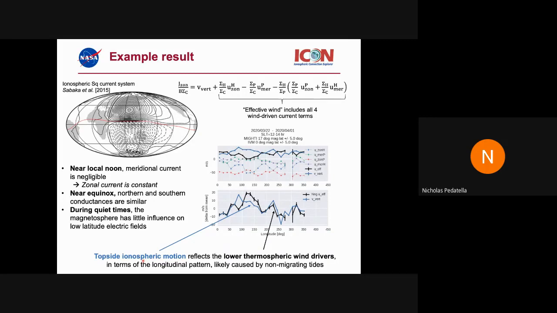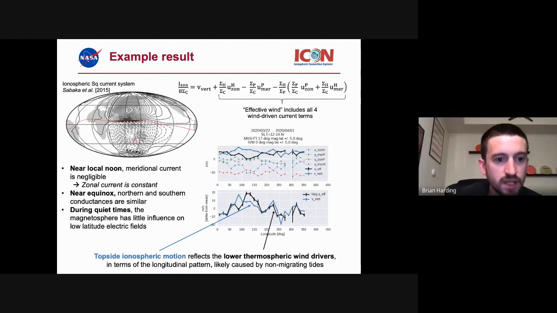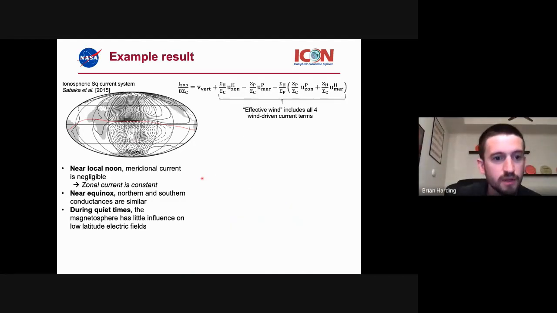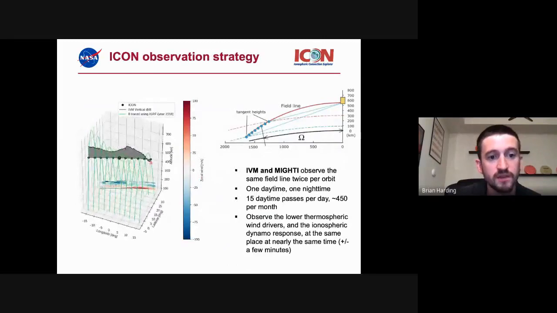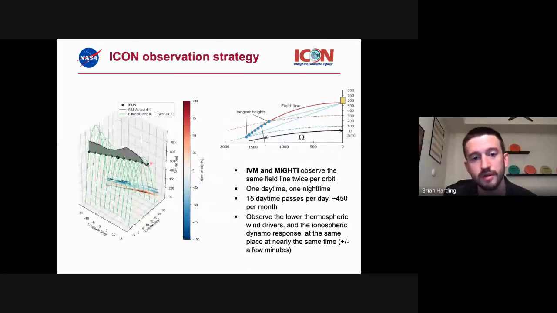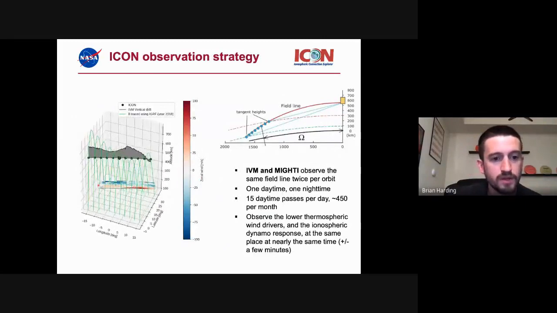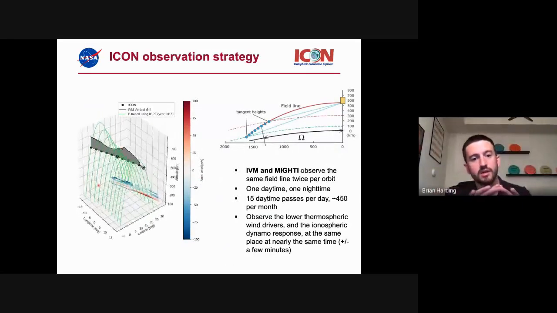So another question from Gang Lu. At which altitude are you comparing the winds with the ion drift shown in this plot that you have up right now? Yeah, I think I forgot to mention that. So the ion drift is measured at the satellite, which is around 600 kilometers. It's an in situ measurement. The winds are measured from 90 to 300 kilometers.